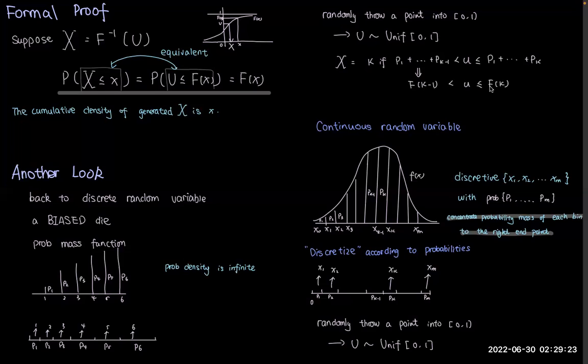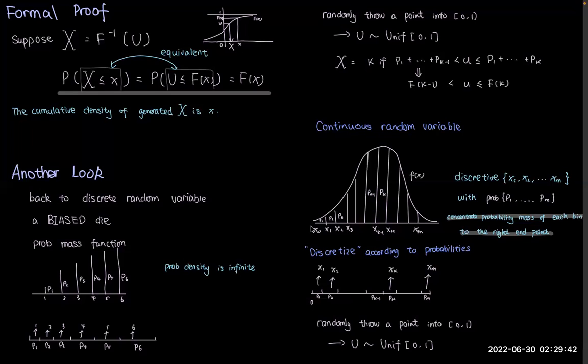Okay, but for a continuous random variable, what should we do? So you have this density function, and we know that the probability that the random variable falls into each small bin is the area of this small bin, right?